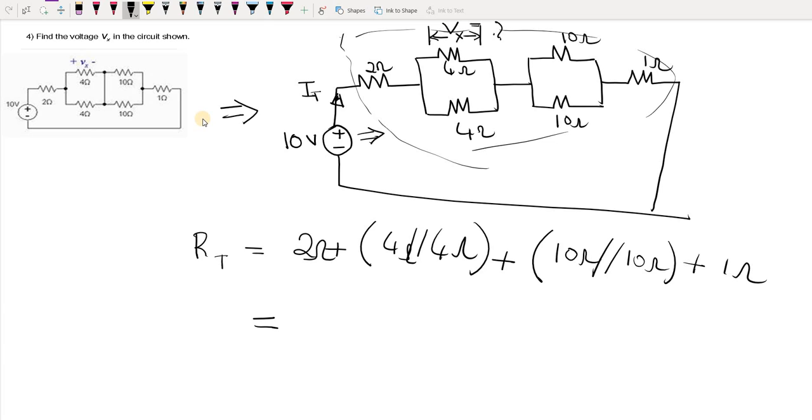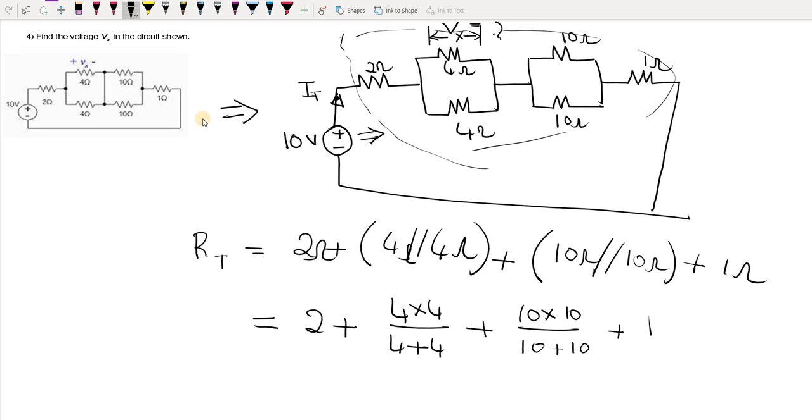R total will be equal to 2 plus 4 into 4 divided by 4 plus 4. That is the easiest way of finding the equivalent value of a resistance when two are in parallel. So once again, product by sum, 10 into 10 divided by 10 plus 10. Finally, this 1 ohm.